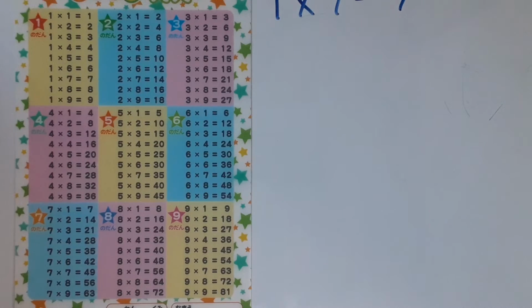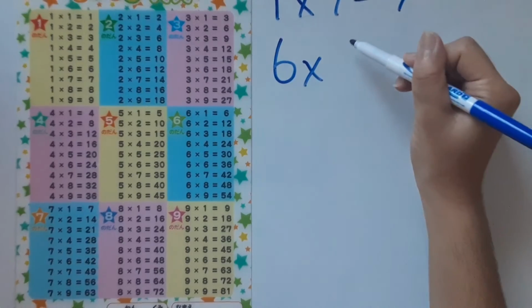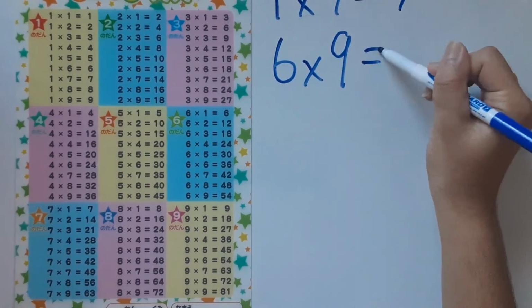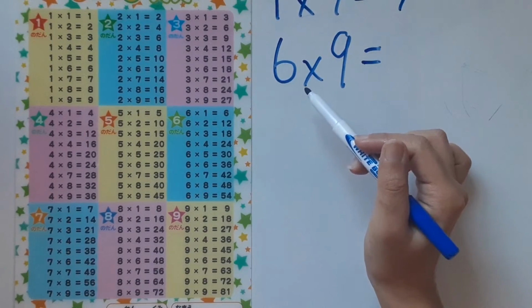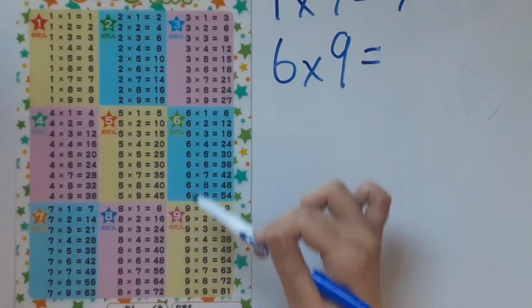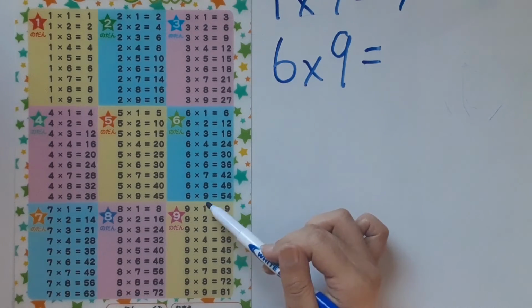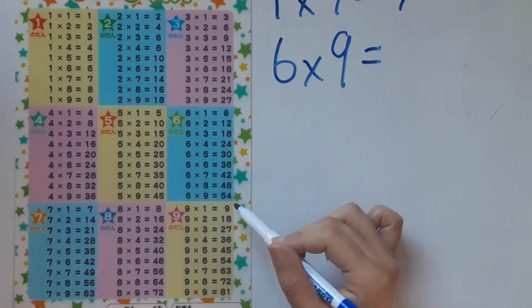Another example of using this chart would be 6 times 9. Our first number, 6, is right here. And we're multiplying it by 9, so we'll find 6 times 9. That equals 54.